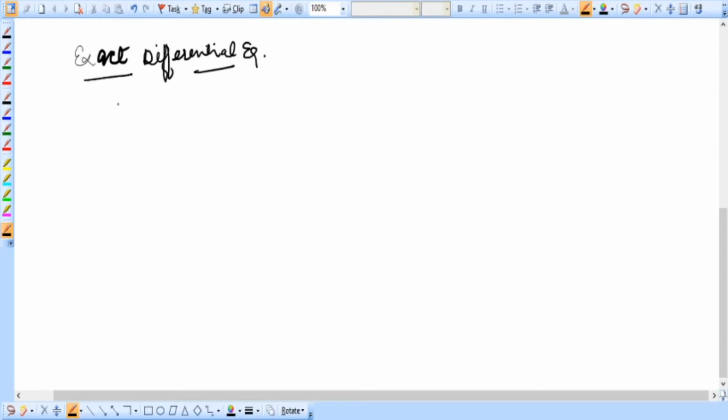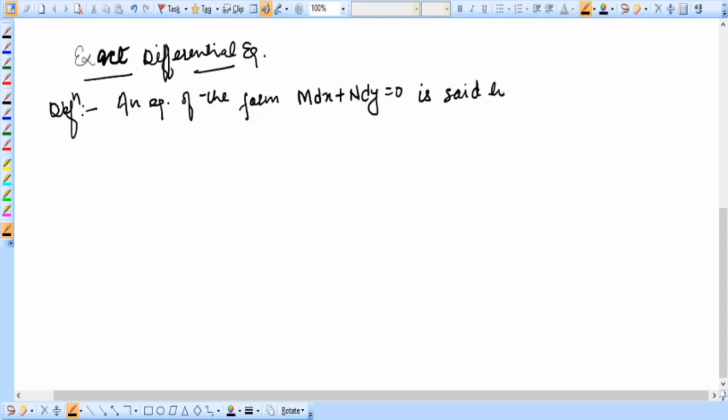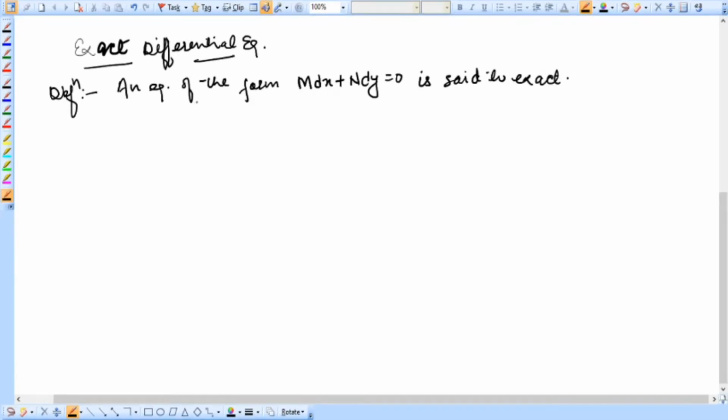An equation of the form M dx plus N dy equal to 0 is said to be an exact differential equation if there exists a function u such that M dx plus N dy is equal to the exact differential of u.